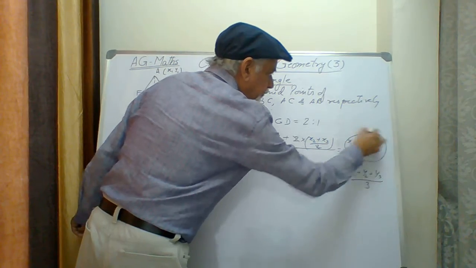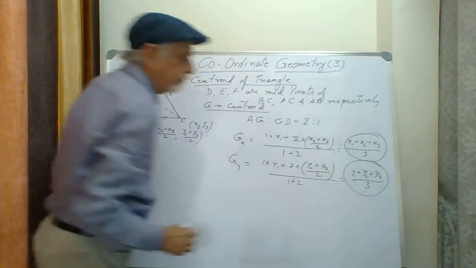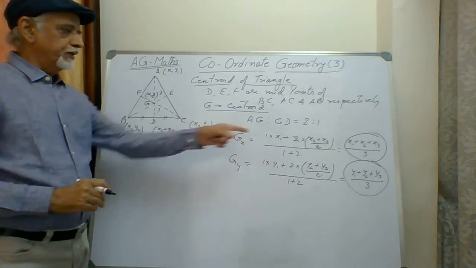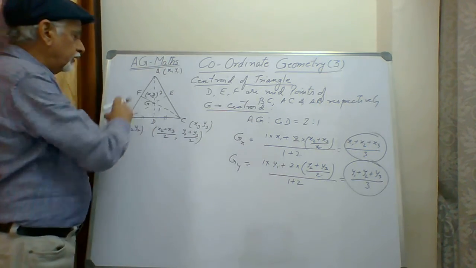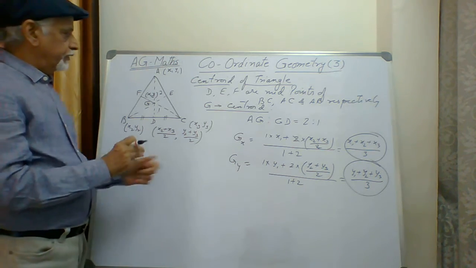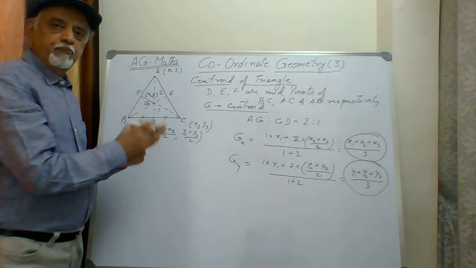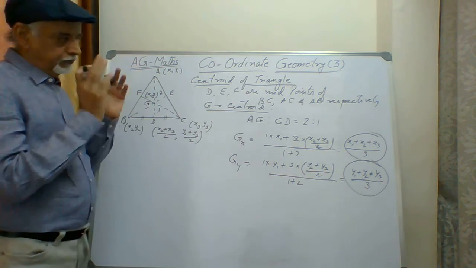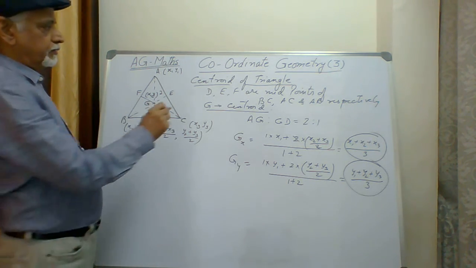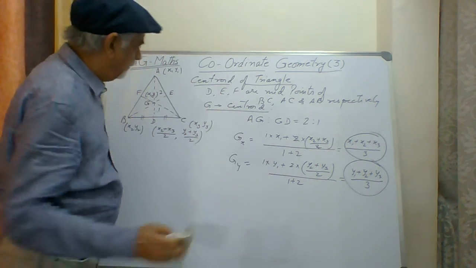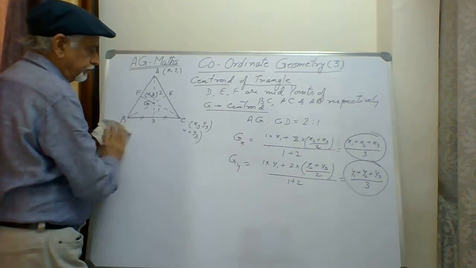So the x coordinate for point G is the sum of all the x values of the triangle divided by 3, and the y coordinate is the sum of all the y values divided by 3. It is so simple to memorize or keep in mind. So that is the centroid of the triangle. I hope you all understood this.